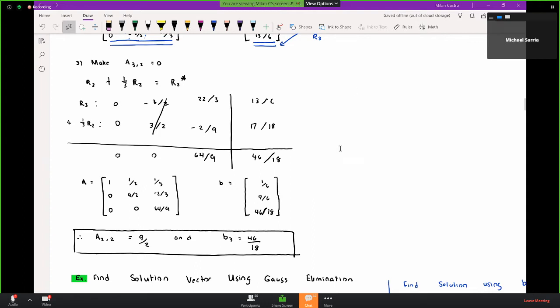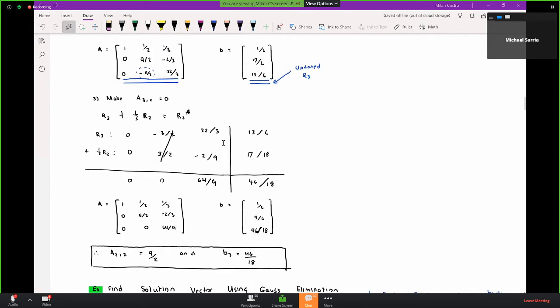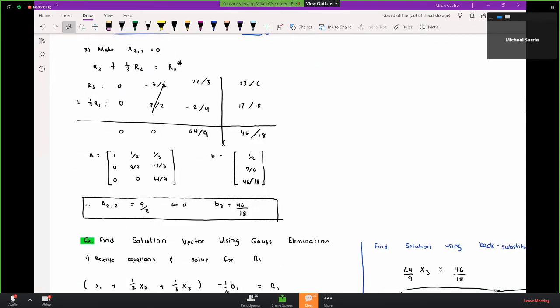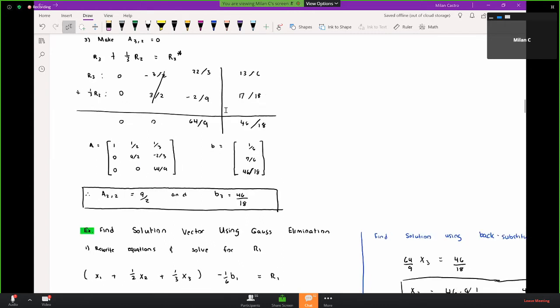So Milan, question. So pretty much in the exam, we're gonna have a question just like this, and then they're gonna ask you, oh, find A21, A23, and find B4. The values of those, pretty much? Yes, they're gonna give you a matrix and they're gonna ask you to triangulate it and find the values A22 and B3 or B2.